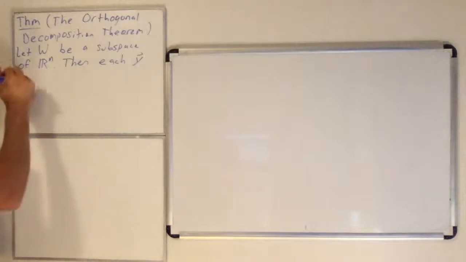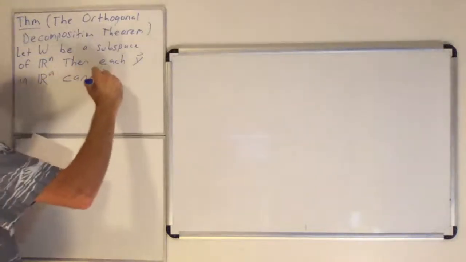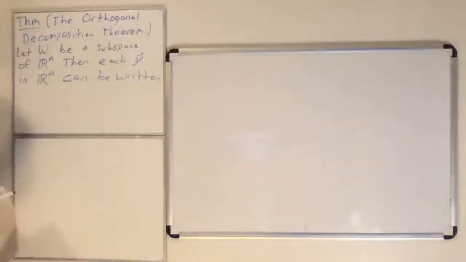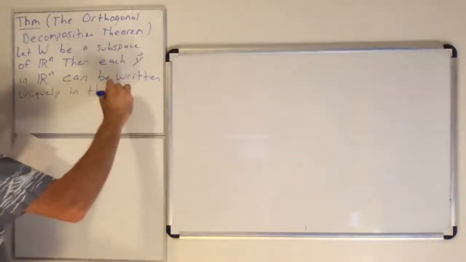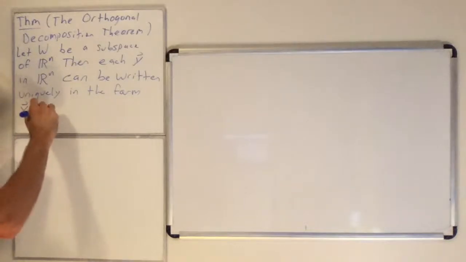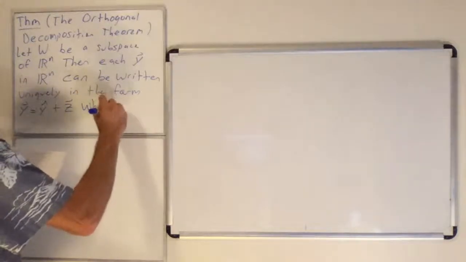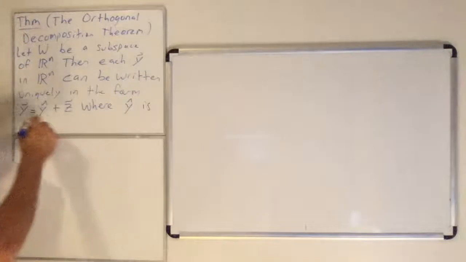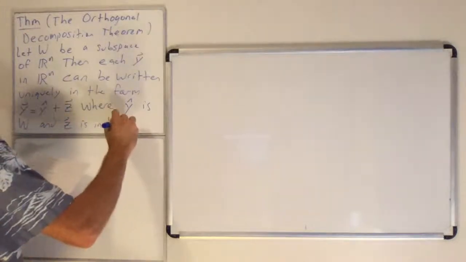Then each y in Rn can be written uniquely in the form y equals y hat plus z. So this should look exactly the same as what we had before, except here we have W as a subspace, where previously we had L as just a line. Where y hat is in W and z is in W perp.